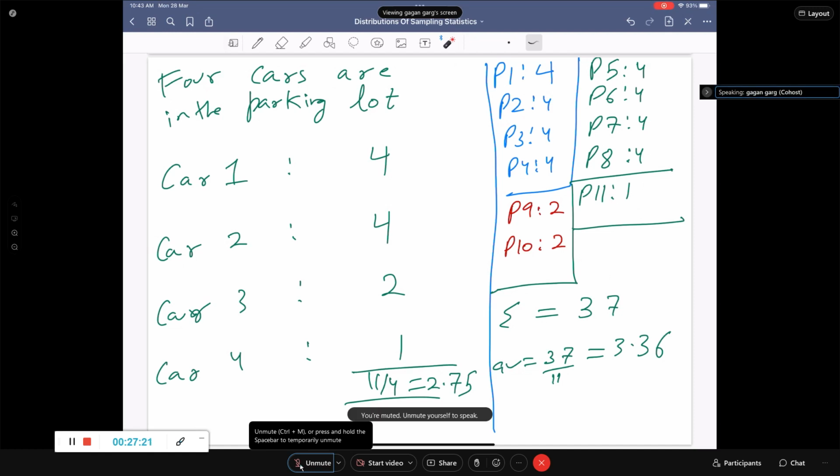So the correct way to do this analysis is go to the parking lot, choose 100 cars at random, find out how many people came in each car, total that and divide by 100.